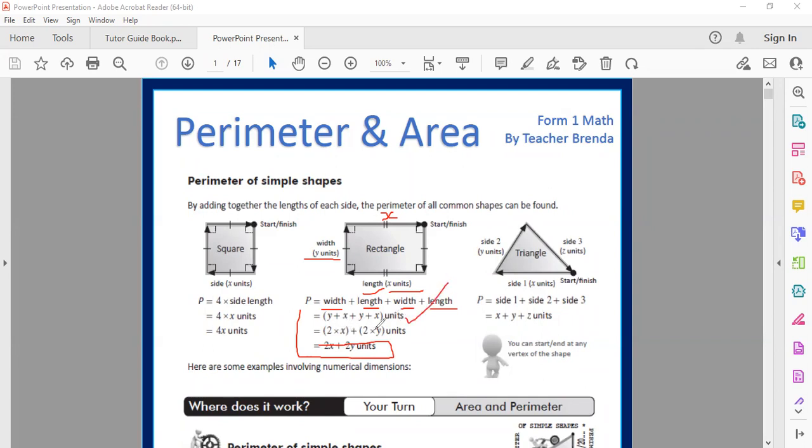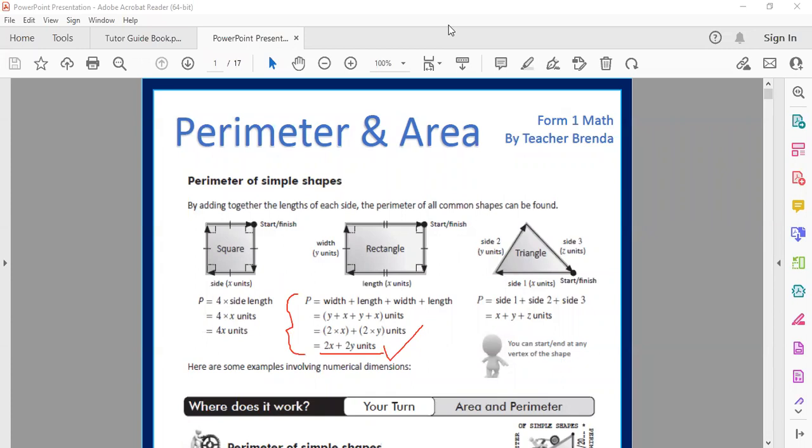So it's 2x plus 2 times y. Simplified further, it becomes 2x plus 2y. Question, do you understand so far this? At Form 1 level, we use unknowns already instead of numbers. Numbers is standard 6 lah. Do you understand? Okay, good. Thank you very much.